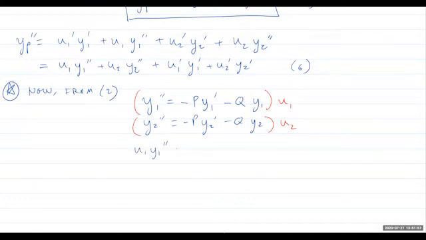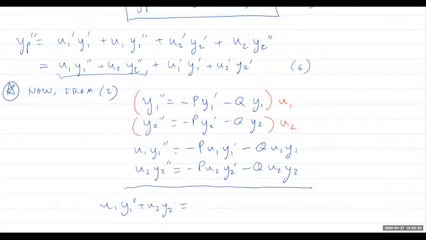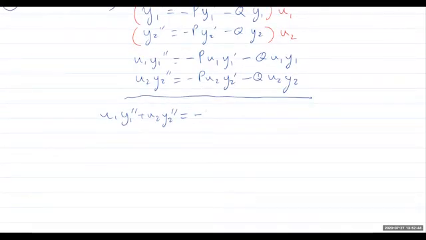Okay, so I have u1 y1 double prime, and the other equation u2 y2 double prime, and in order to get a form like equation 6, I want to add these two equations together side by side. So on the left I have u1 y1 double prime plus u2 y2 double prime. On the right I have, let me group all the p's together and all the q's together.